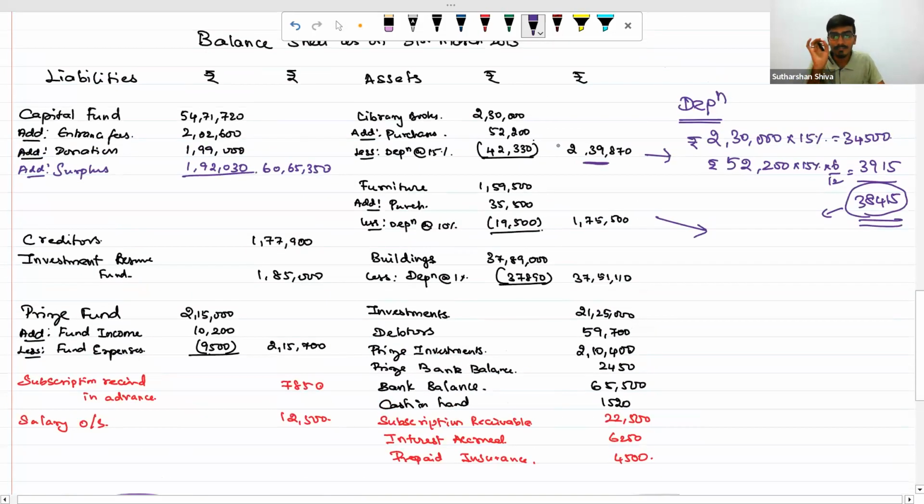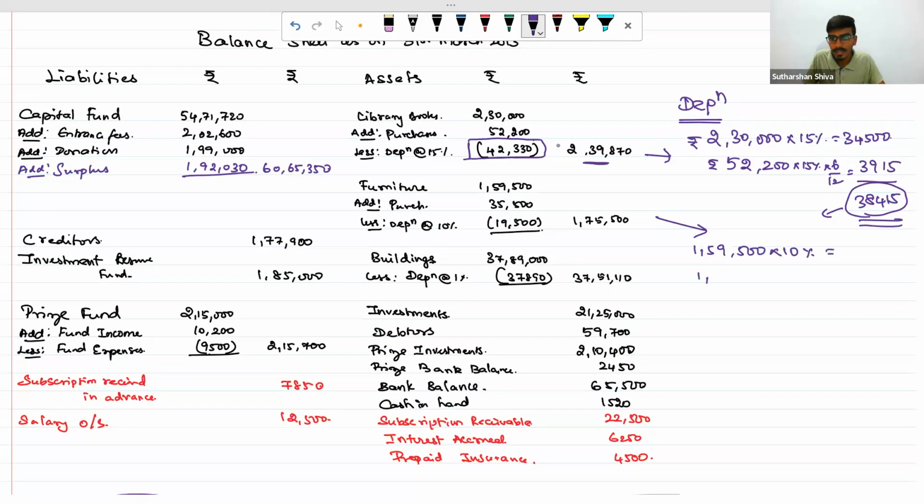Okay, from hereafter, whenever the purchases are silent, what should you assume? Your purchases should be made at mid of the year, or a 6 months time. Then in this case also, 1,59,500 into 10% is equal to, next 35,500 into 10% into 6 by 12.